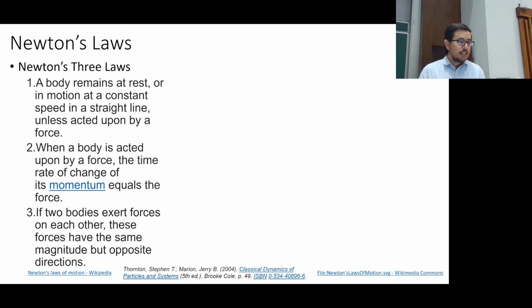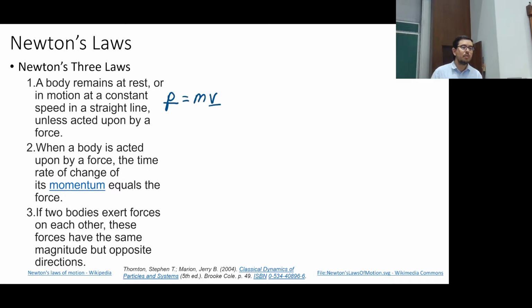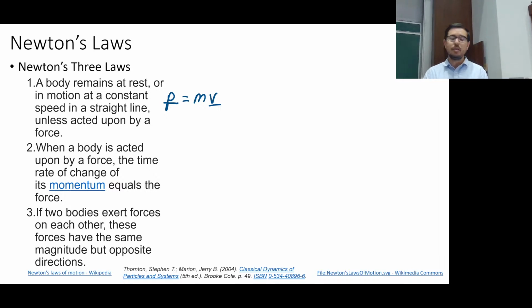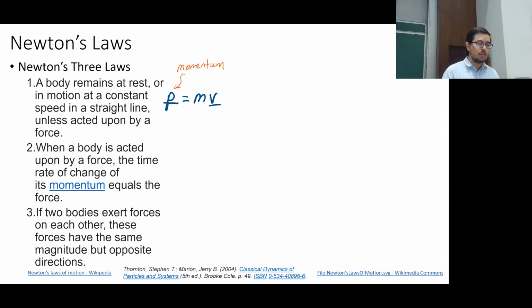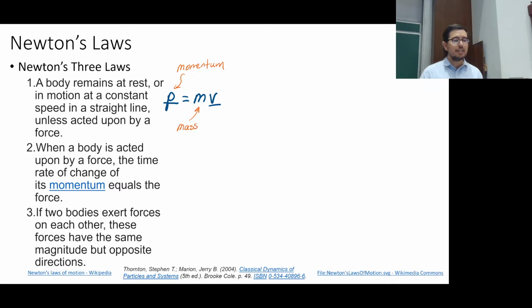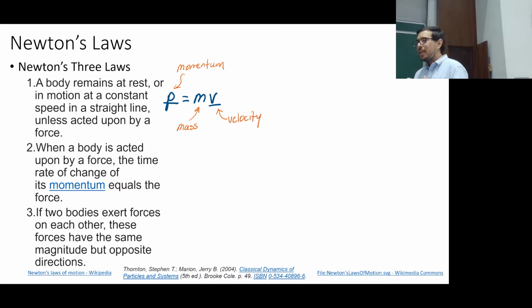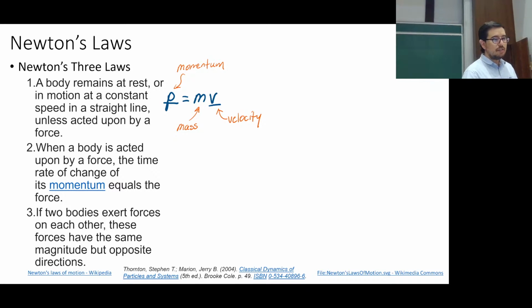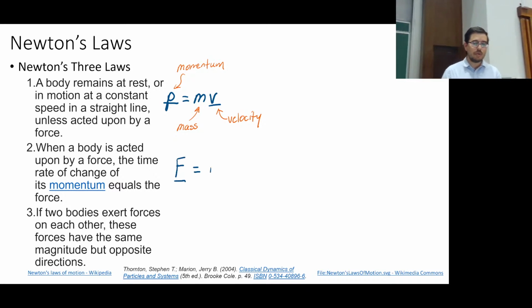Okay, and if we think of the equation that we might write here, P being momentum, which is a vector, is equal to the mass times velocity. Okay, so you've seen this before, and this equation will not be one that we refer to a lot, but it's still nonetheless good to remember.